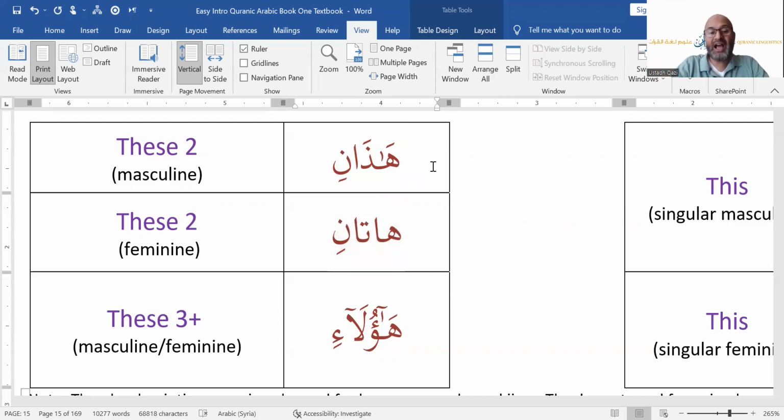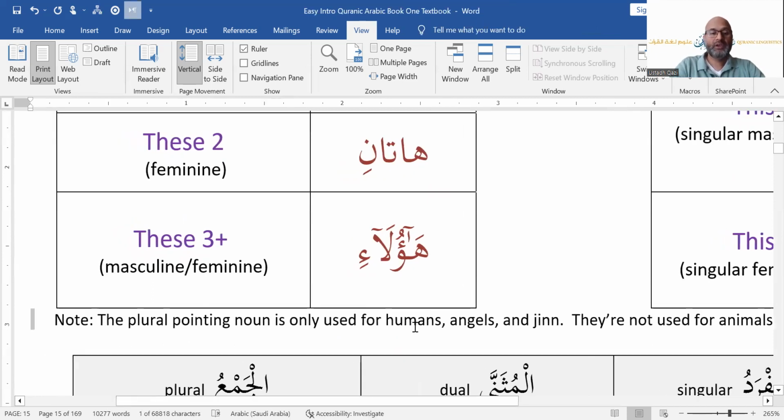And finally, you have ha'ula'i, it's for plural, masculine or feminine. As long as you have 3 or more people, or jinn, or angels, you can use ha'ula'i regardless of gender, male or female. The plural pointing noun is only used for humans, angels, and jinn. It cannot be used for animals or things. So what do we use for animals and things?